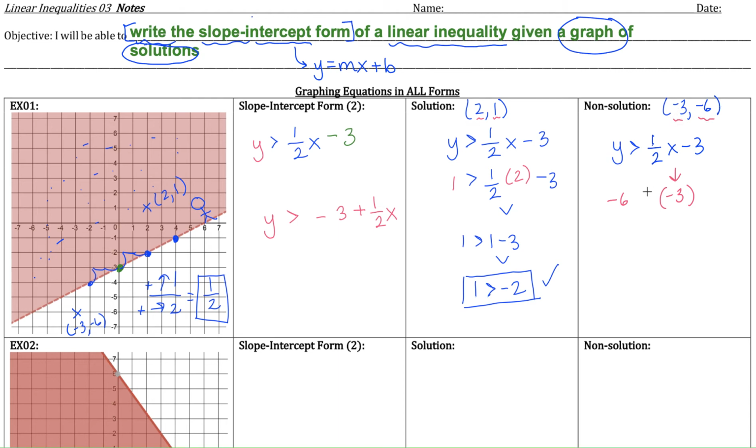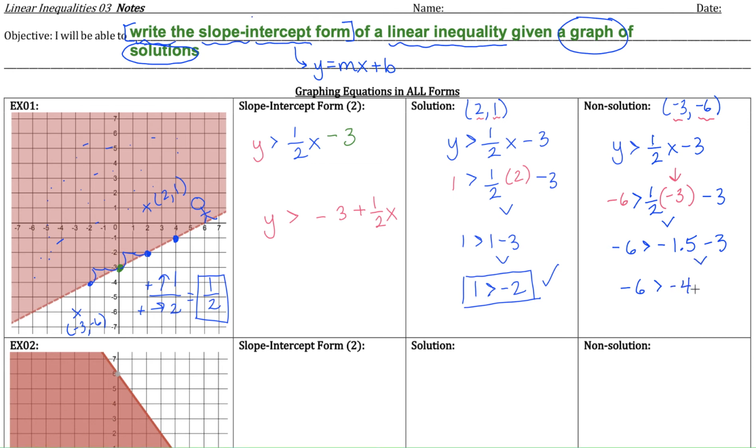Okay, so I get negative 6 should be greater than 1/2 times negative 3 minus 3. A positive times a negative is a negative. Half of negative 3 is negative 1.5 minus 3. And I get negative 6 is greater than negative 4.5.